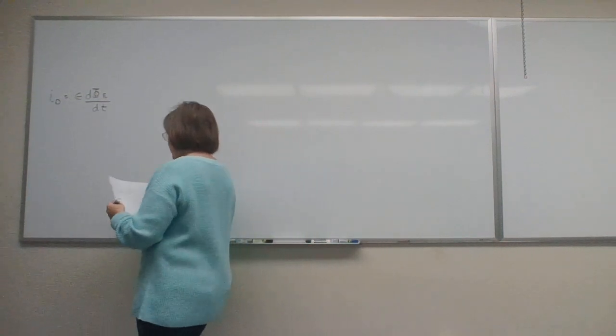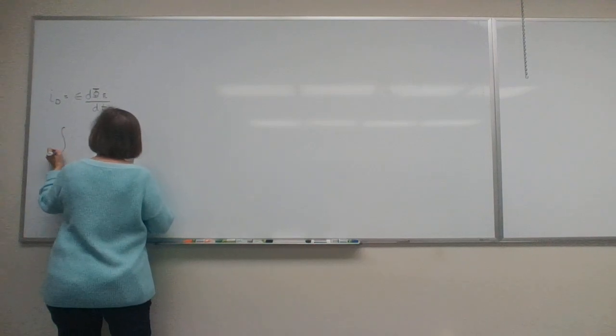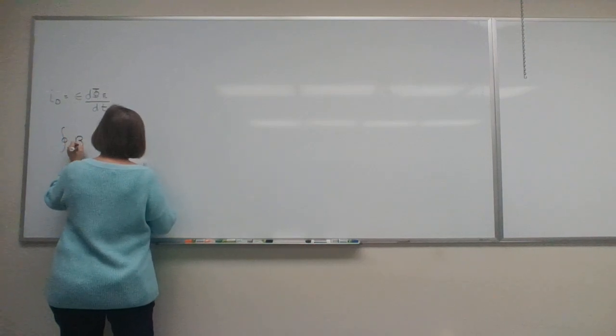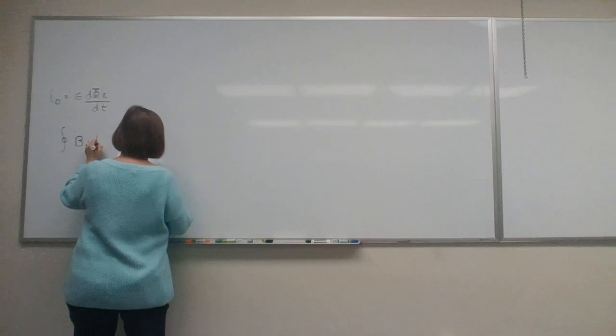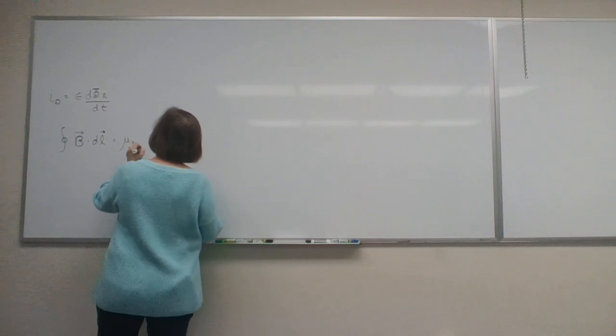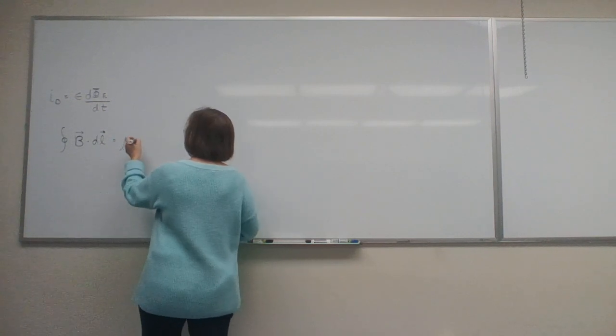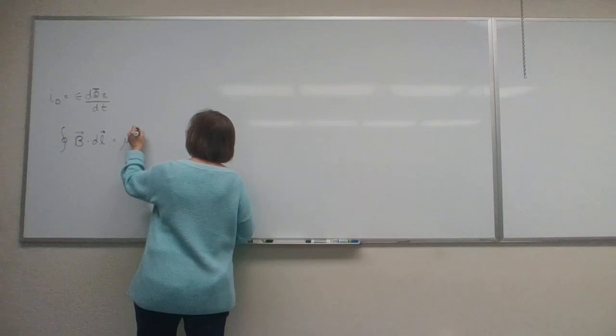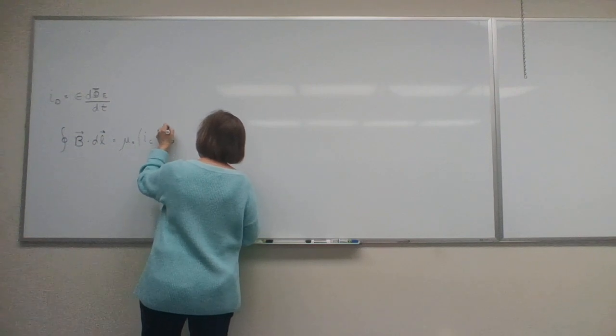Ampere's law used to look like this: the line integral of B dot dl was mu naught times the enclosed charge. But now instead of just an enclosed charge, we have the conduction current plus the displacement current.